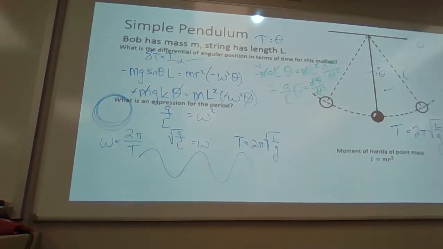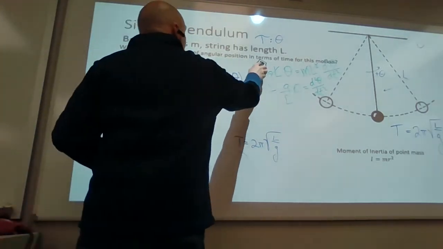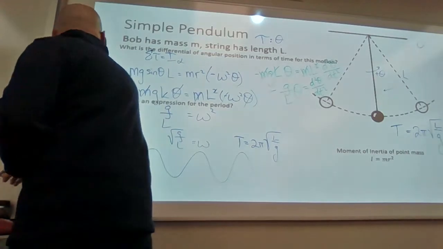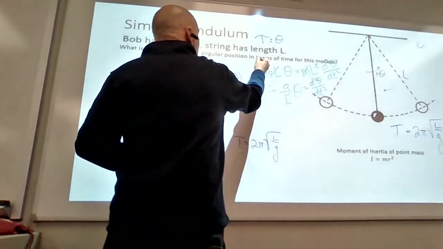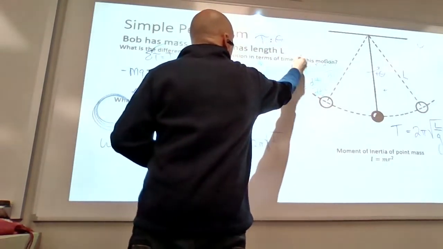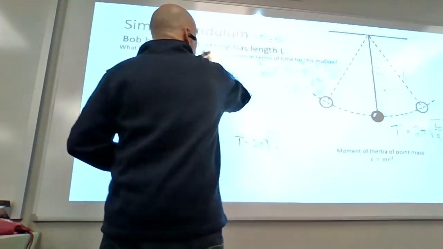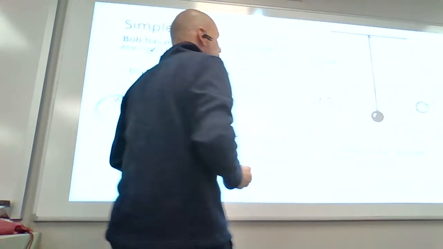Okay, I did angular acceleration is the second derivative of theta with respect to time. So d squared theta over dt squared equals angular acceleration. Then I substituted in the negative omega squared theta. Nope.